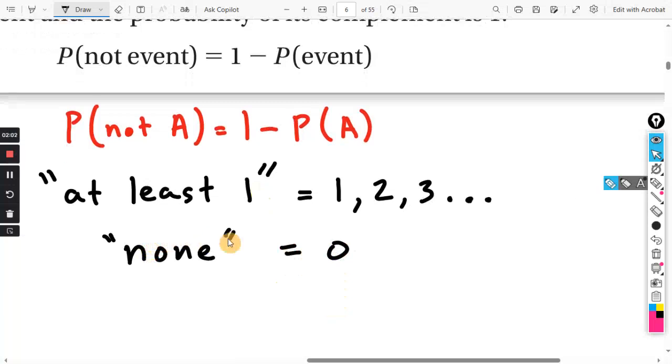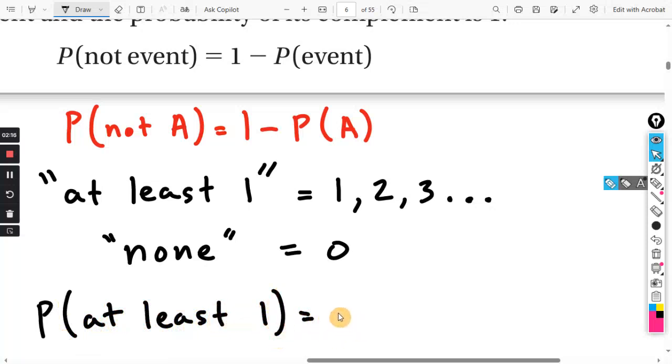So, since these two are complements of each other, if you want to find the probability of at least 1, you just take 1 minus the probability of none, because at least 1 and none are going to add to 1.